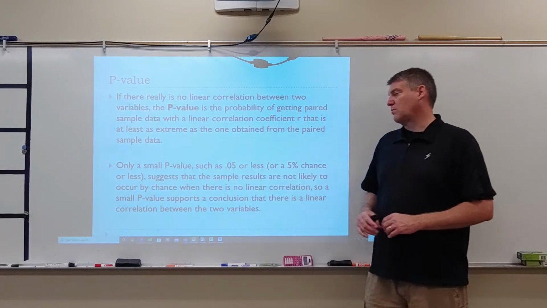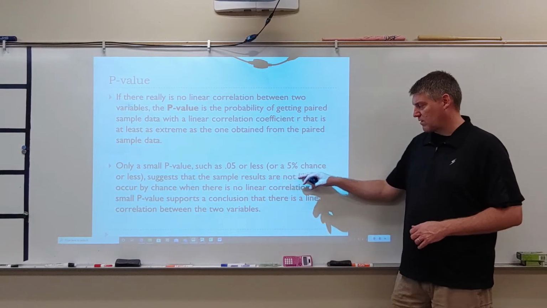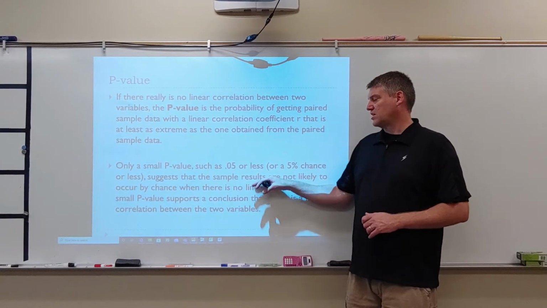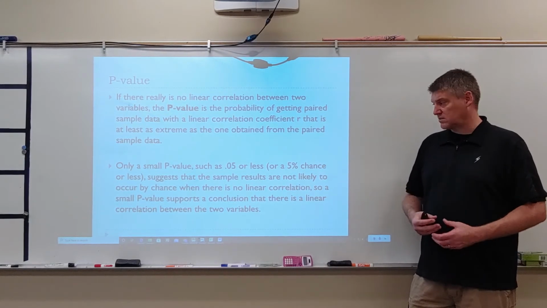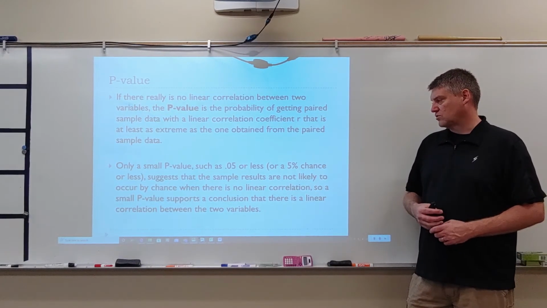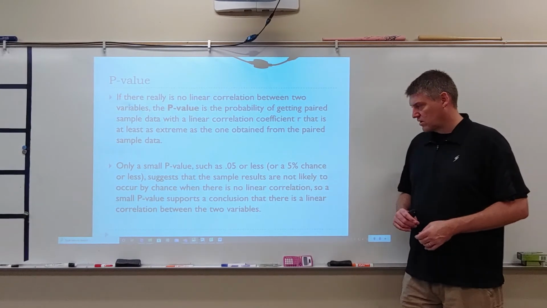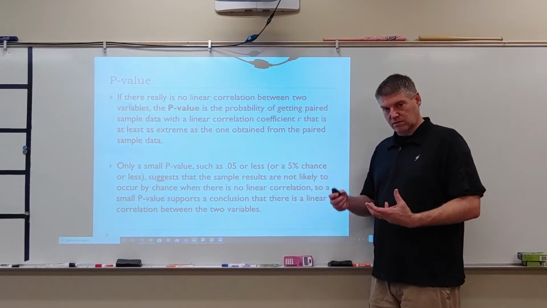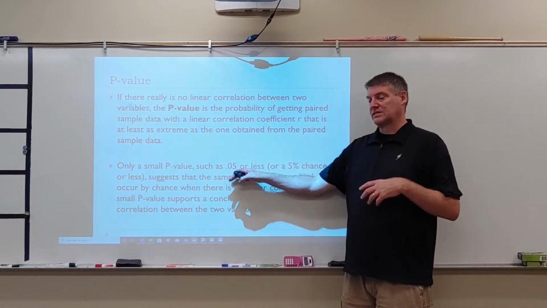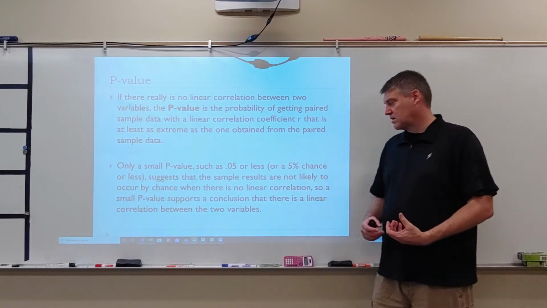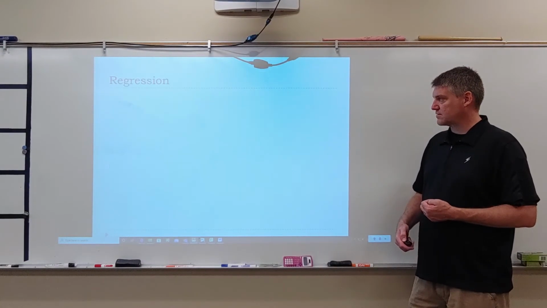Only a small p-value such as 0.05 or less, so we're talking about a 5% chance or less, suggests that the sample results are not likely to occur by chance when there is no linear correlation. A small p-value supports a conclusion that there is a linear correlation between the two variables. So we want small values for p to indicate that there is a correlation, and we want large values for r to show that there is.